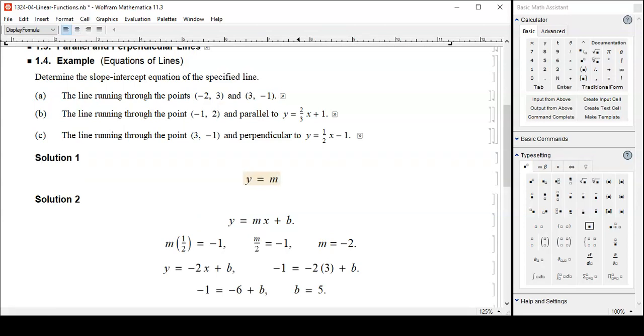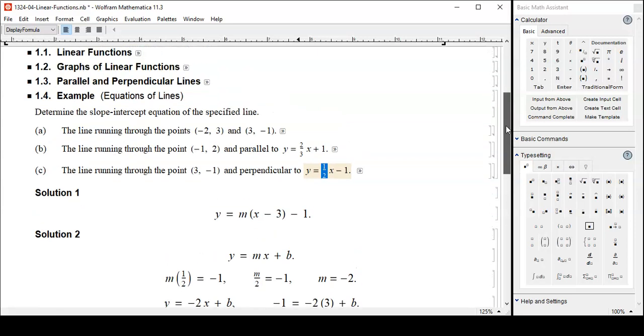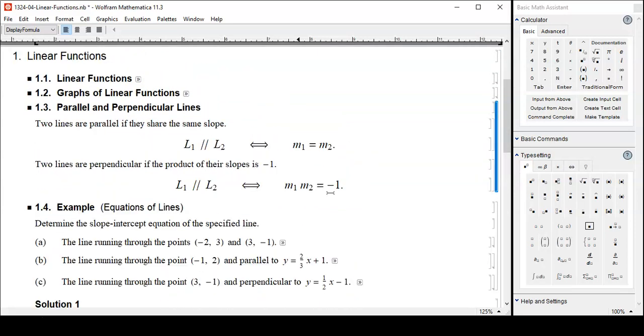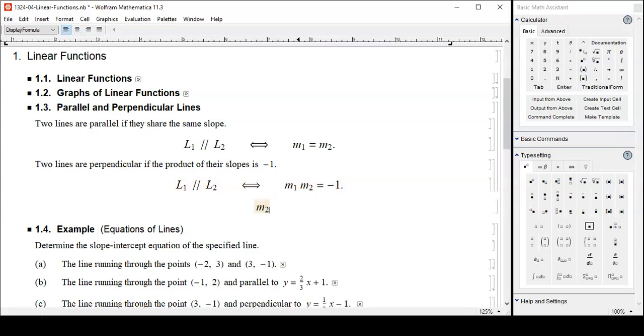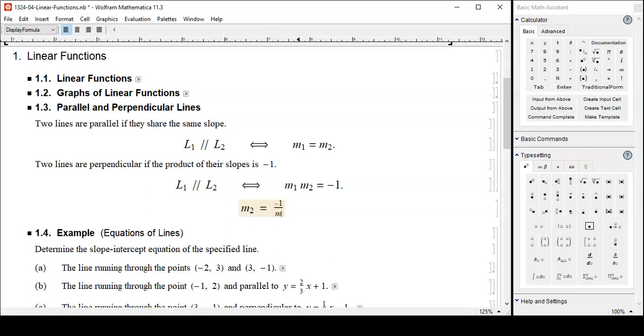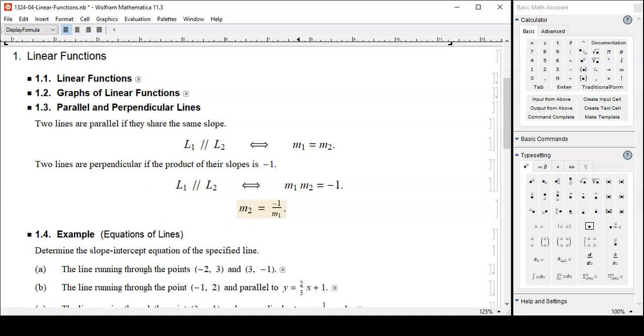y equals m times (x minus 3) minus 1. That is the slope point equation. All right? Slope point equation. And then you have to figure out the slope, but then again, perpendicular to this. And then you see what is the condition for perpendicularity. The product should be -1. So m2 should be -1 over m1, right? We get the negative reciprocal.